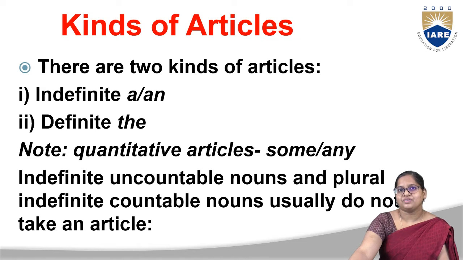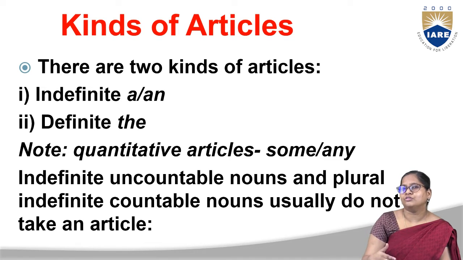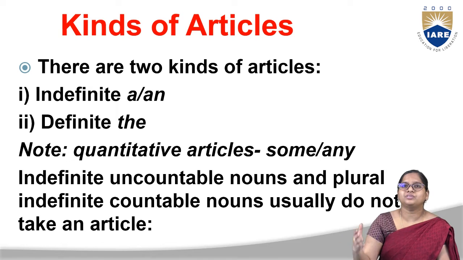So what are the categories of articles? There are indefinite and definite articles. And there are also quantitative articles, which are a variety of this. Indefinite articles will help you understand how you can mention something without specifying it, without any certainty.